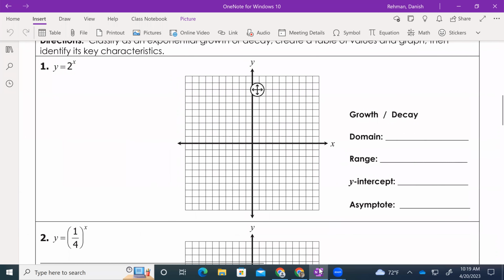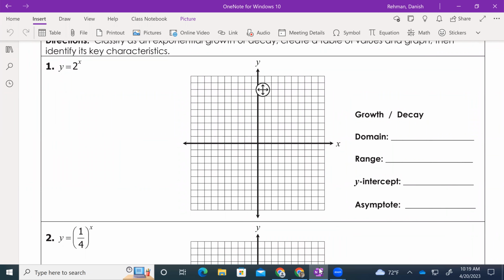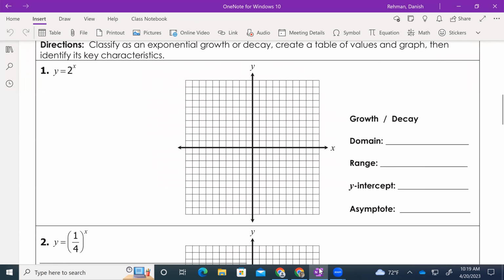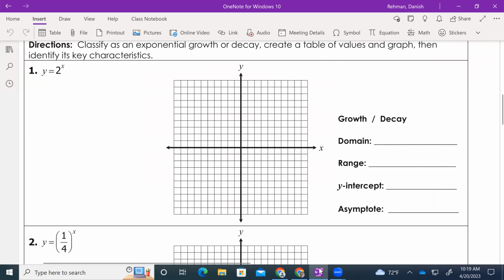Based on this exponential function, we will now determine if it's a growth or a decay, and if it's increasing or decreasing along the axis, based on the values of b, a, k, and h.